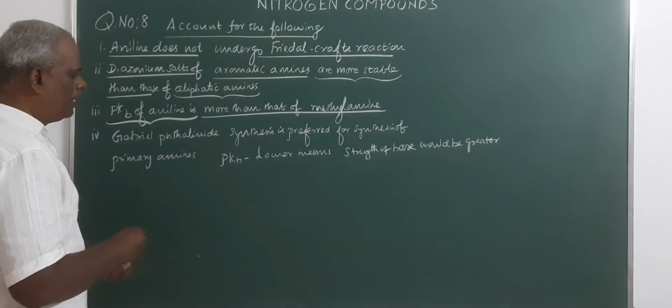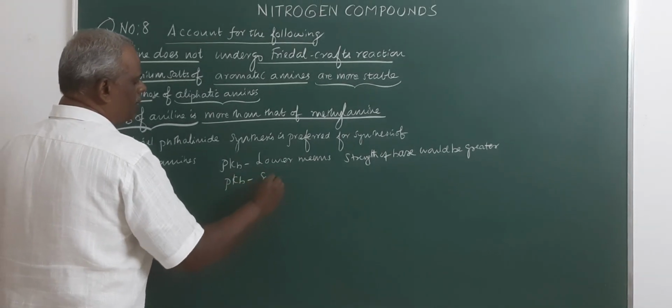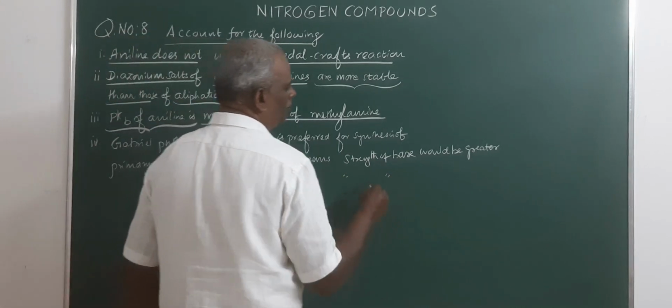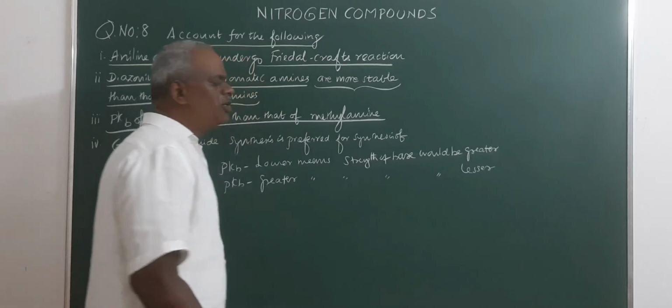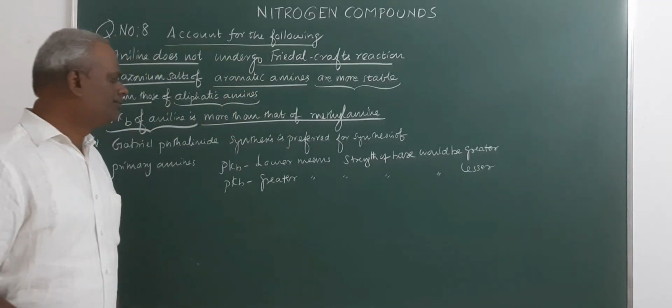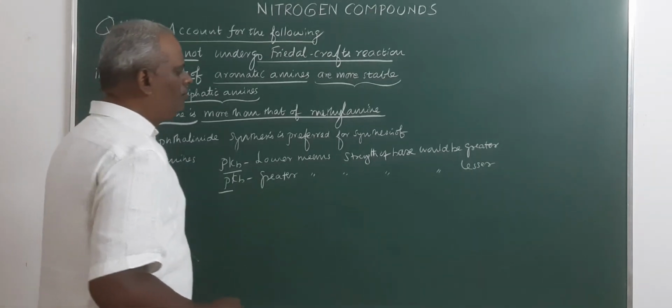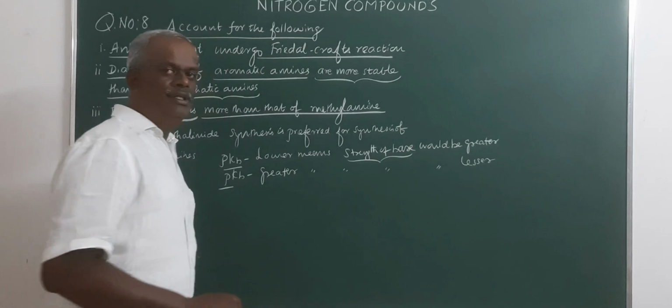In opposite to that, when the pKb is greater, means we can say the strength of base would be lesser. So pKb is deciding whether the base is stronger or weaker.